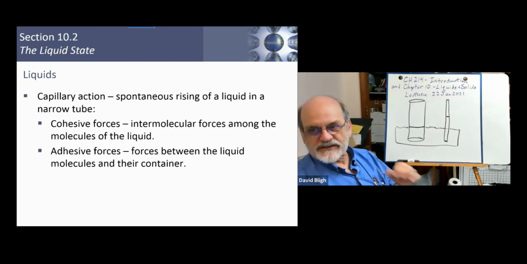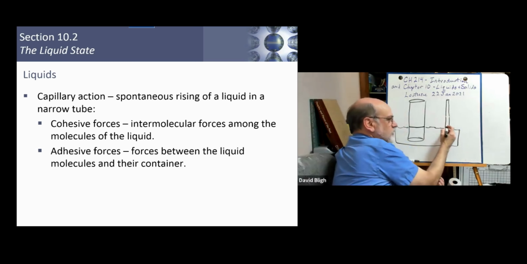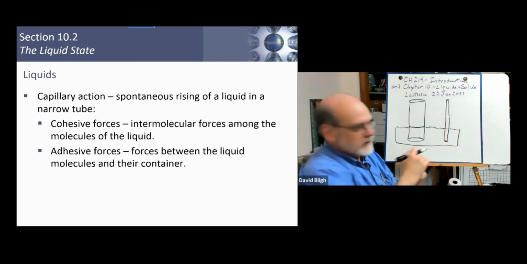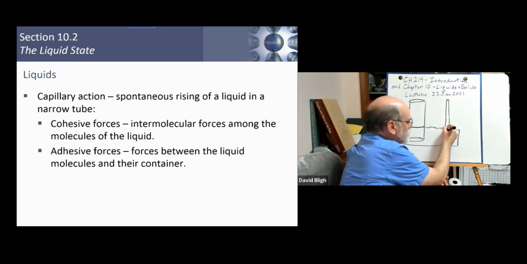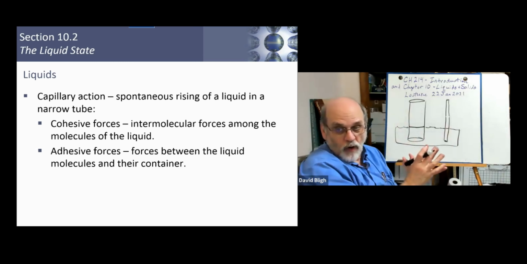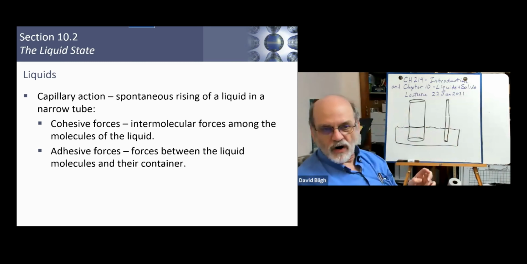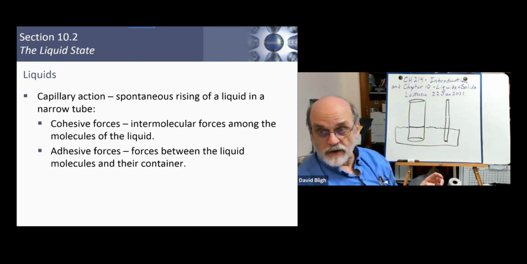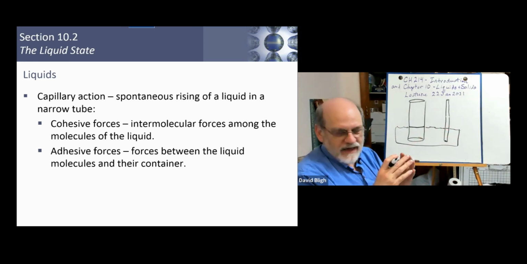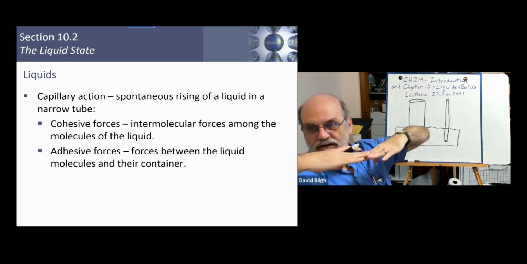So let's take it on a step-by-step process. First, the water is attracted to the glass. So it tends to rise up on the sides, like that, right? More water attracted to the glass makes it bow up like that. But there are cohesive forces at work also. The cohesive forces try to draw the water together, and that takes the bow and flattens it out.